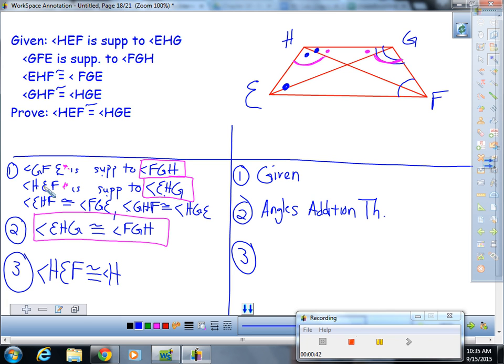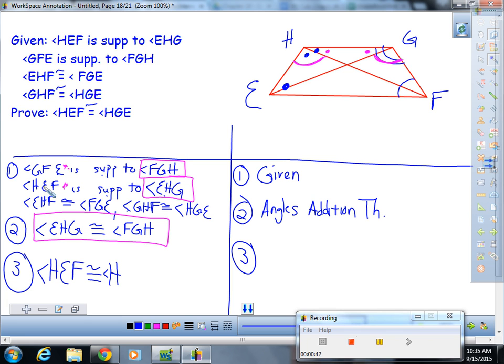GFE, angle, yes, angle GFE. Did I write down a given wrong?